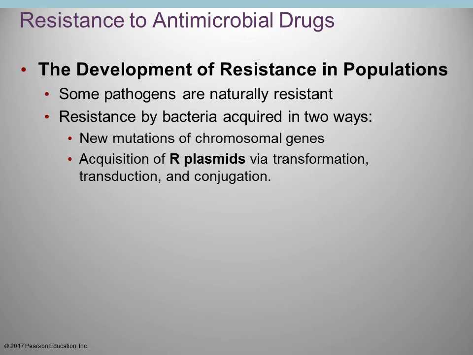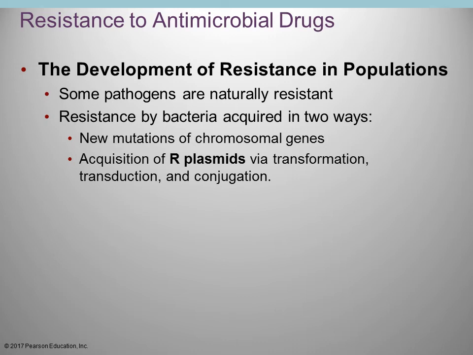Some pathogens are naturally resistant. Other organisms are not. They're susceptible. How do they suddenly become resistant? Well, maybe there's a mutation that occurred. And what we have found is that plasmids are typically where we will find the genes for antibiotic resistance.